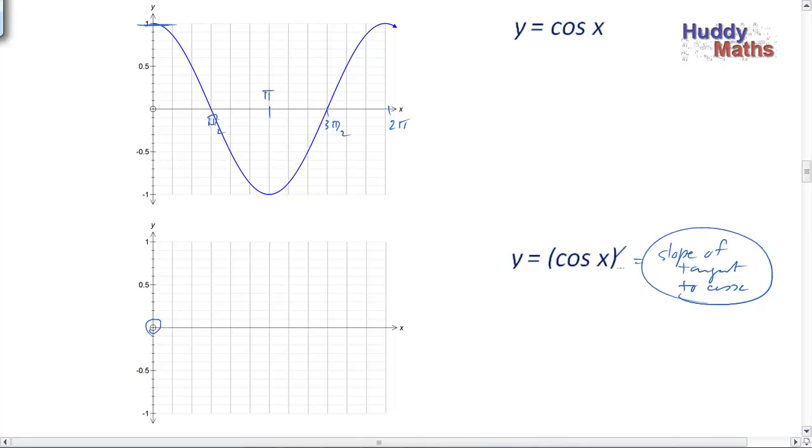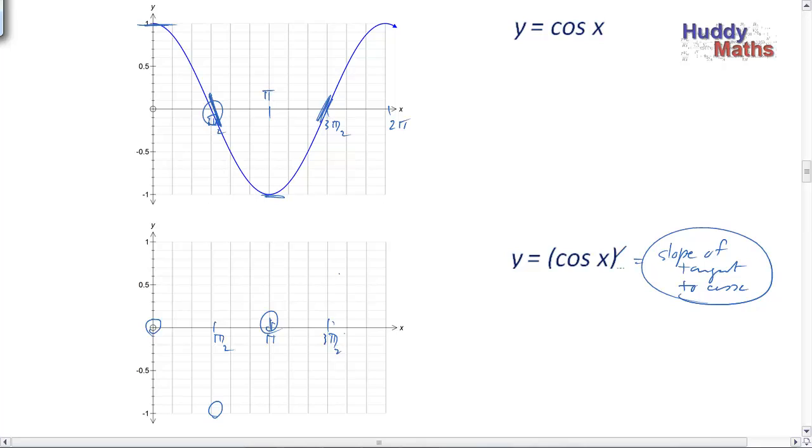And then at pi on 2, it looks like it might have a slope of about -1 again, so I'm cheating a bit here. -1 come down here. I'm not going to try and put one in between. At pi, so here's pi, the slope is 0. And then at 3 pi on 2, the slope looks like about +1.